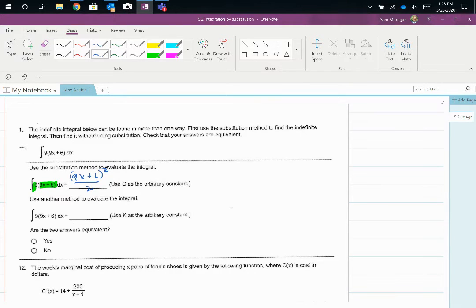The other method is to distribute. So this becomes 81x squared plus 54. Oh, I forgot the c here, right? It's plus c.